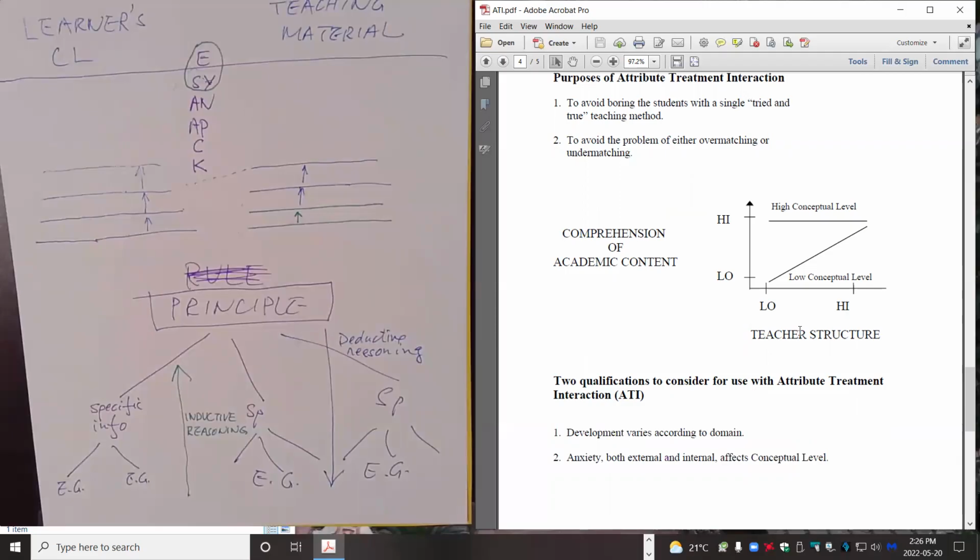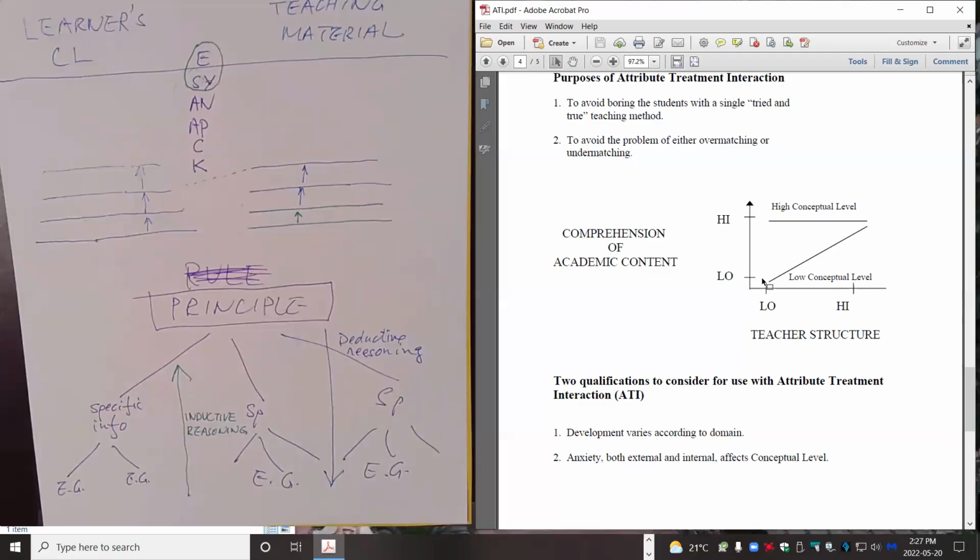If the teaching materials have low structure, that means it is difficult for the low CL students, is that right? But if the teaching material is highly structured, then even low CL students understand quite a lot, is that right?